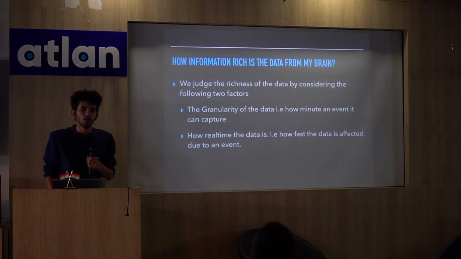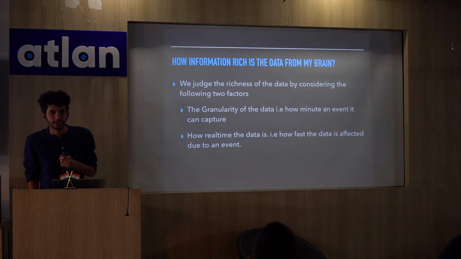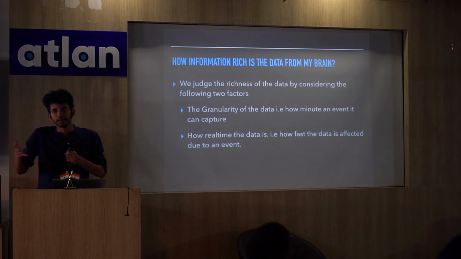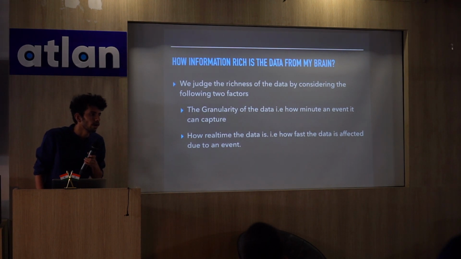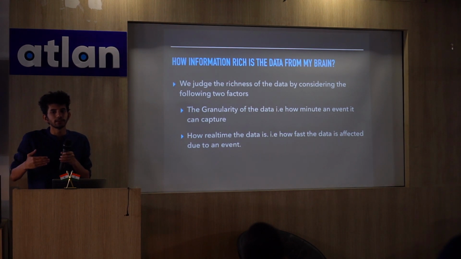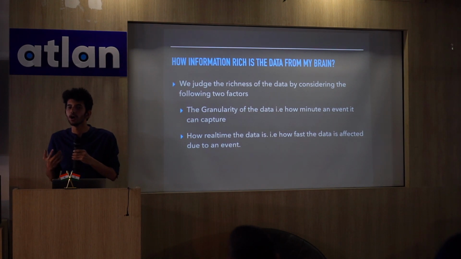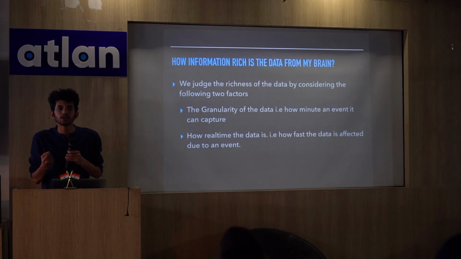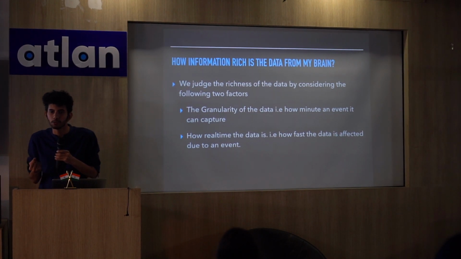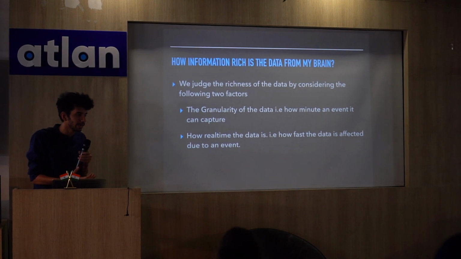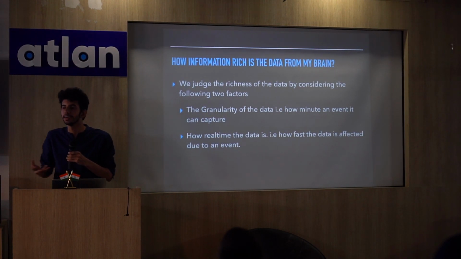So, how information rich is the data that we get from brain waves or brain signals? As far as the data from the brain waves is concerned, we judge it in two manners. One is how minute the effects on the brain or on your body are that the brain signal is able to capture, and secondly, how real time that effect is.